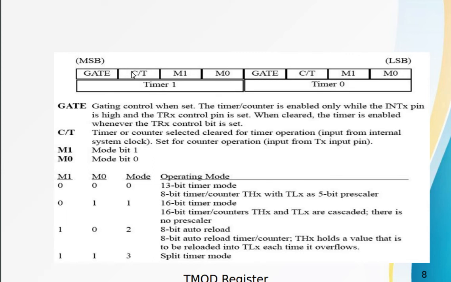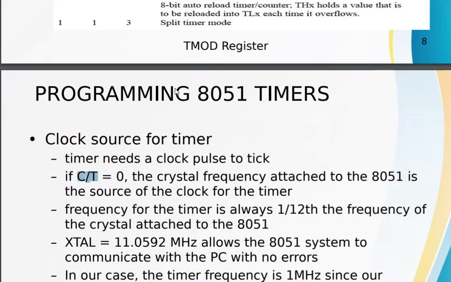We have already discussed in detail what happens when it is 0 or 1. If C/T equals 0, the crystal frequency attached to the 8051 is the source of the clock for the timer.